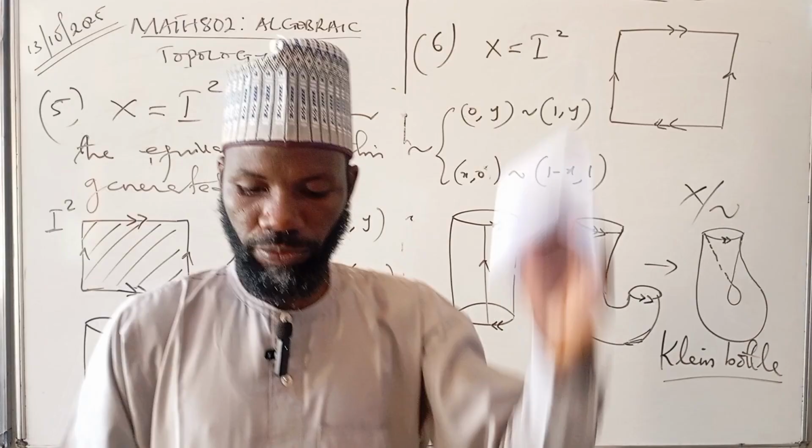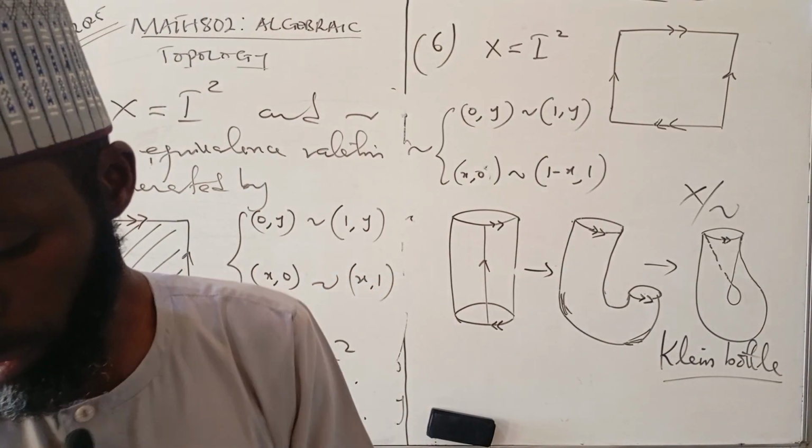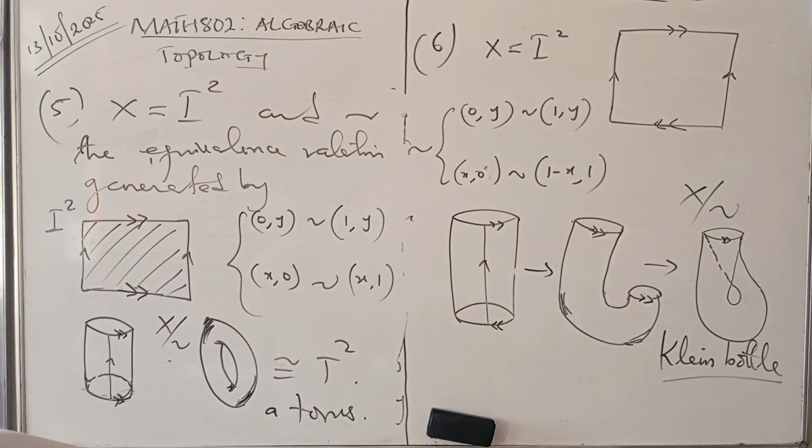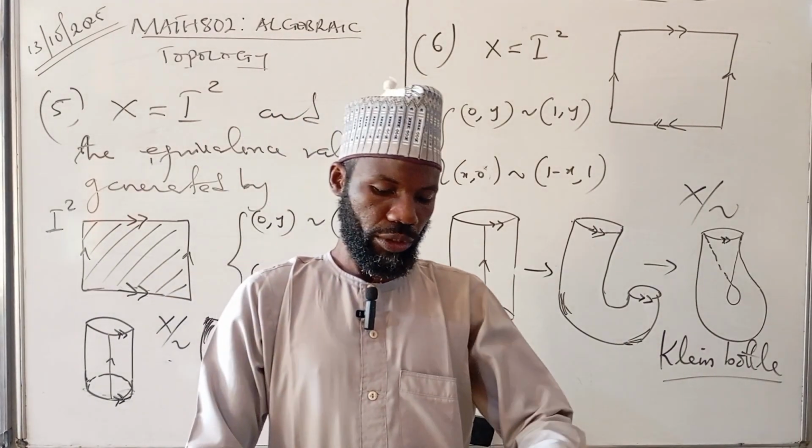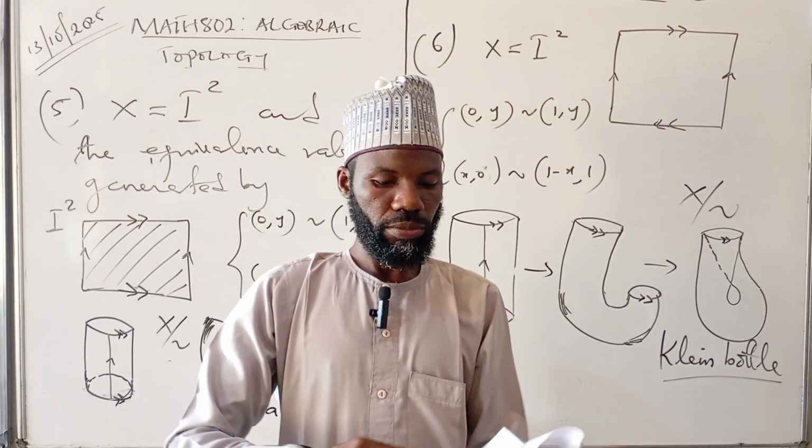If you have 2 copies of the Mobius strip, you can take 2 copies of the Mobius strip and glue them together.